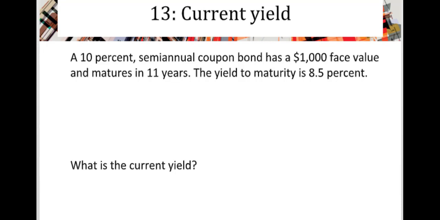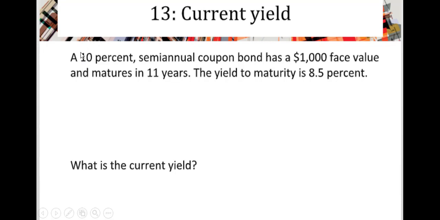The current yield is equal to the annual coupon divided by the current price of the bond. So it is the division of annual coupon by the current price of the bond. In our example, we'll have to figure out the current price of the bond from the data.